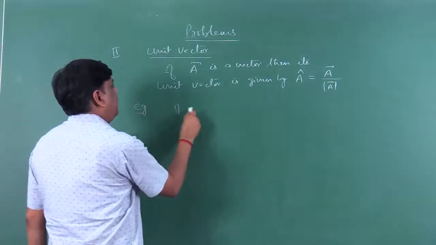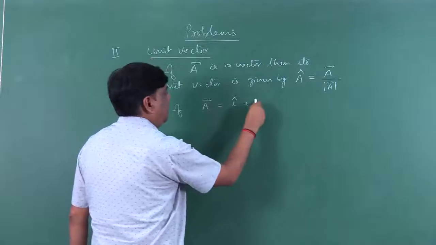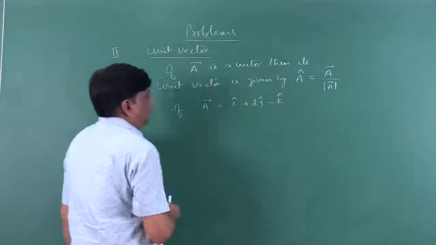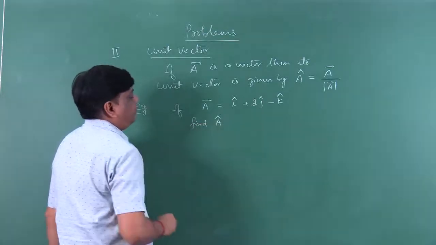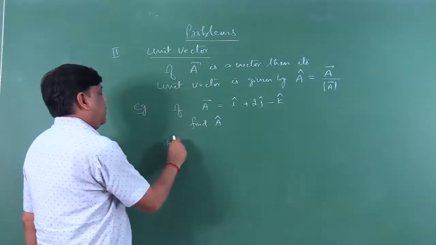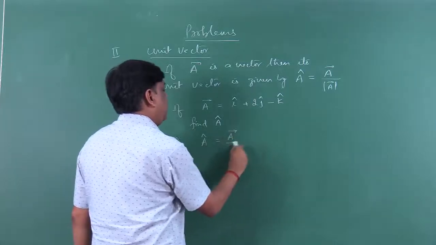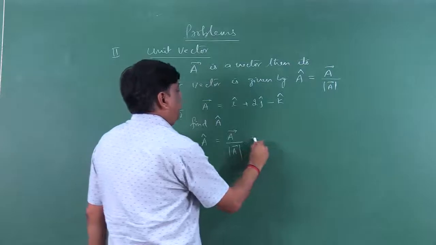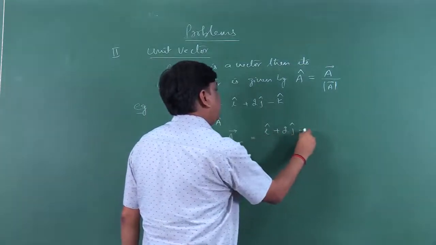If I say vector A is equal to i cap plus 2j cap minus k cap, you find A cap. So A cap is the unit vector, its magnitude should be 1. So A cap will be given by the vector A divided by its magnitude. Vector A is your i cap plus 2j cap minus k cap.